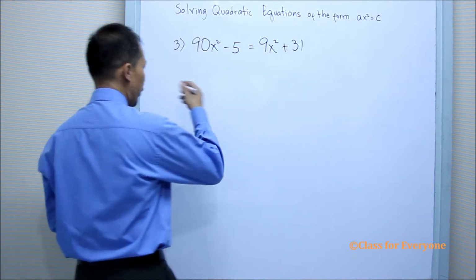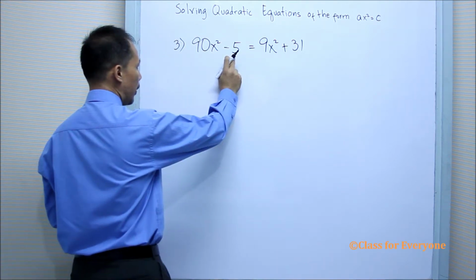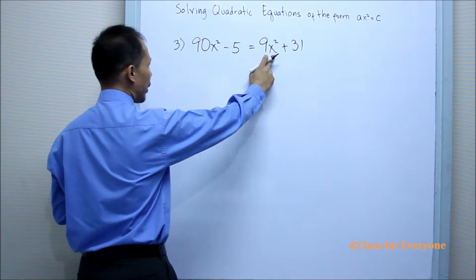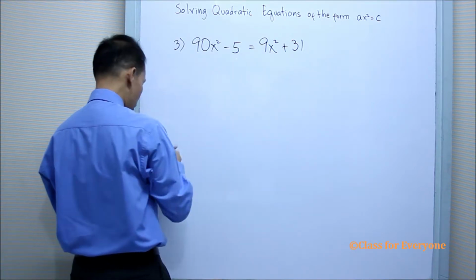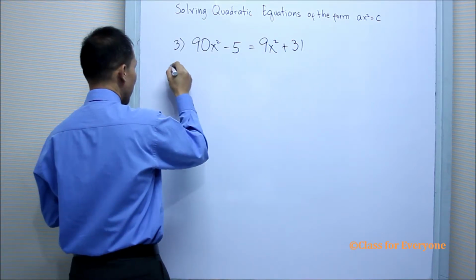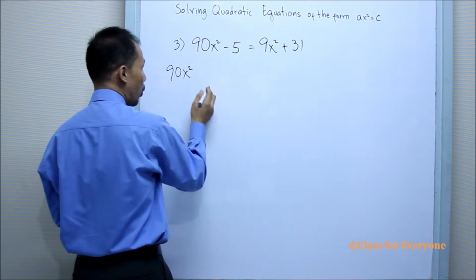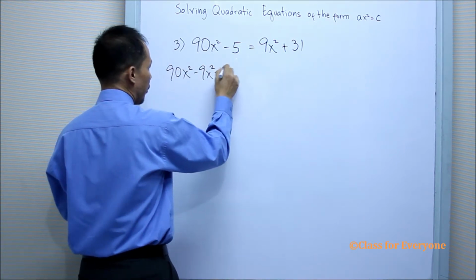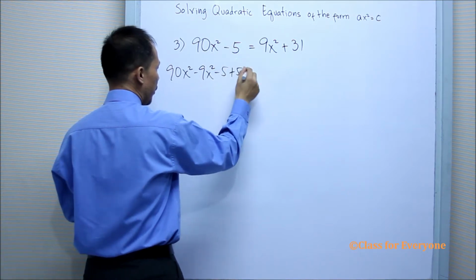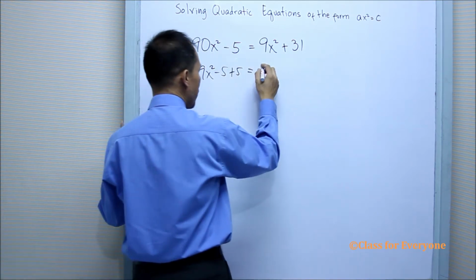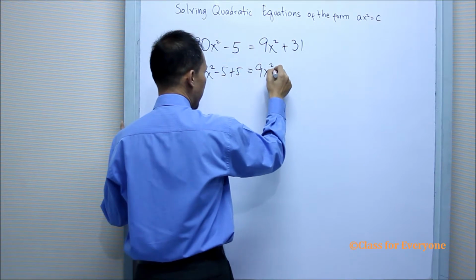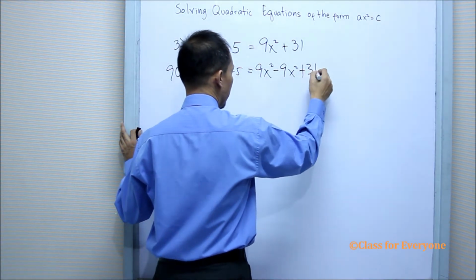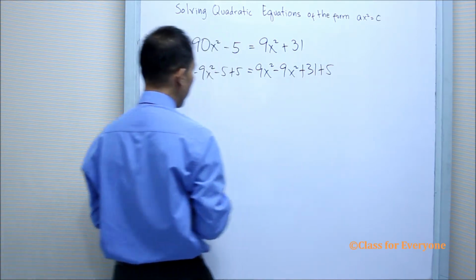So, we'll get the opposite of negative 5, that will be positive 5. Opposite of 9x squared is negative 9x squared. And then the next step will be 90x squared minus 9x squared minus 5 plus 5. And then the right side will have 9x squared minus 9x squared plus 31 plus 5.